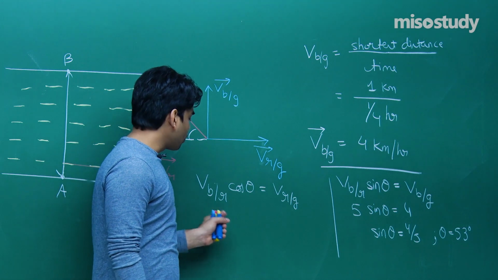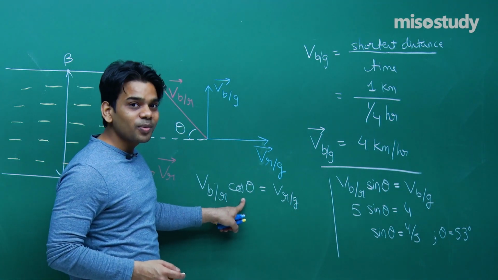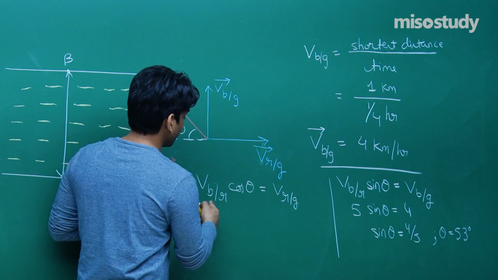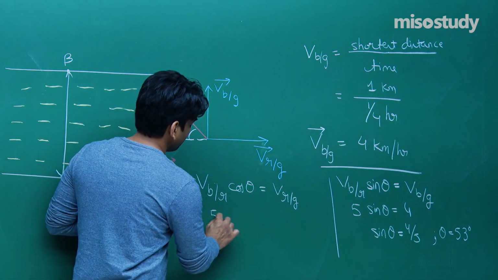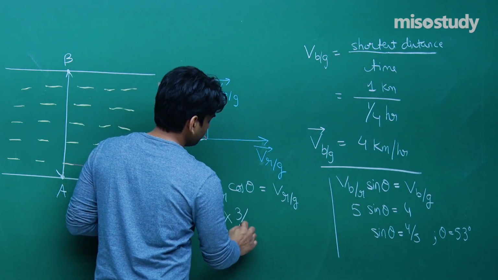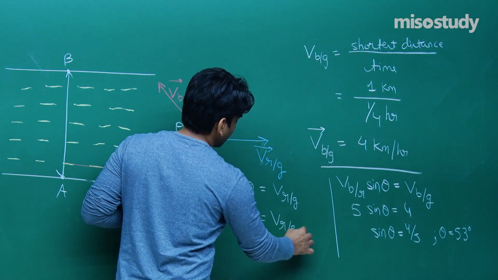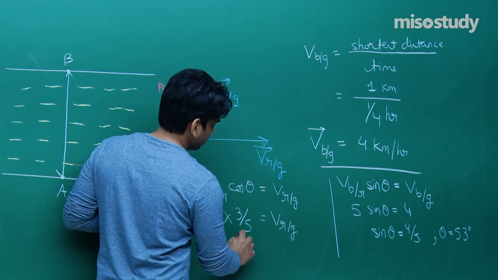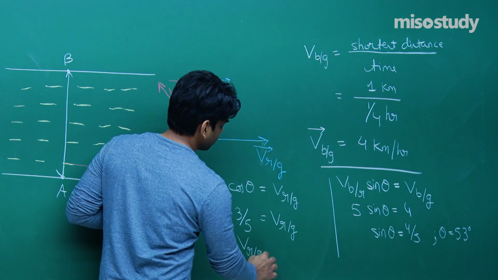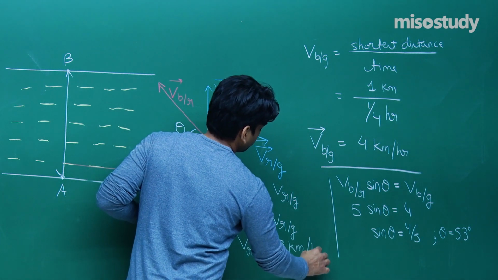From here, V_BR cos theta, that is 5 cos theta, cos 53 will be 3 by 5, is equal to velocity of river with respect to ground. This turns out to be 3. So hence velocity of river with respect to ground will be nothing but 3 km per hour.